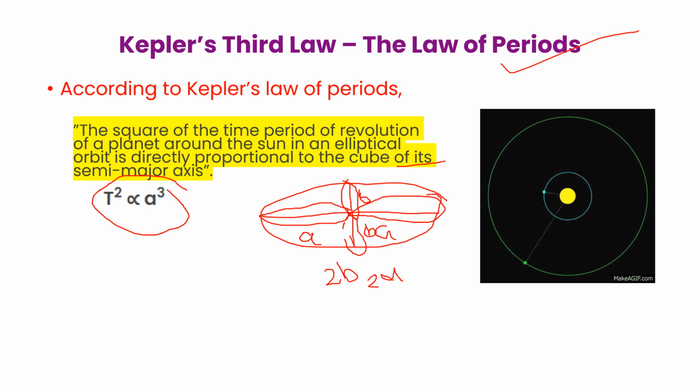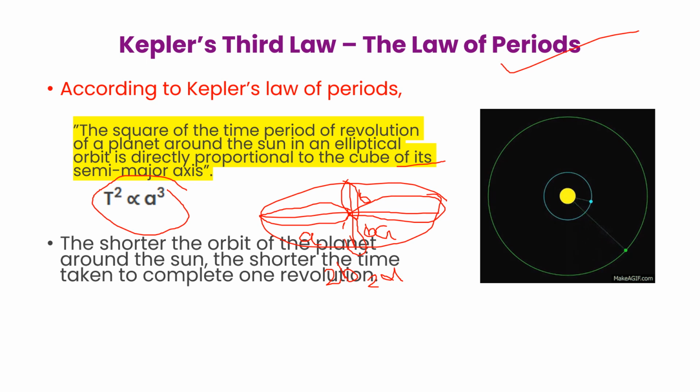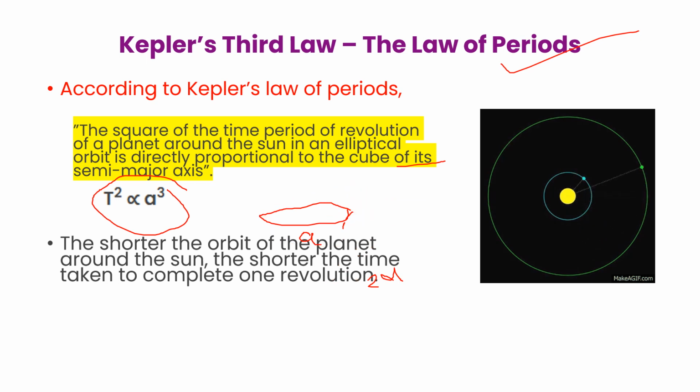If we are talking about the Earth, the Earth's time period is about 365 days, that is 1 year. Okay, so it is directly proportional to the cube of its semi-major axis. And the important thing is, the shorter the orbit of the planet around the sun, the shorter the time taken to complete one revolution. Okay, I hope it is well understood by everyone.